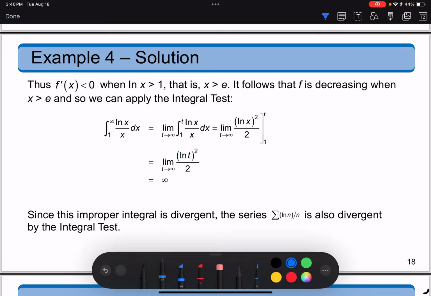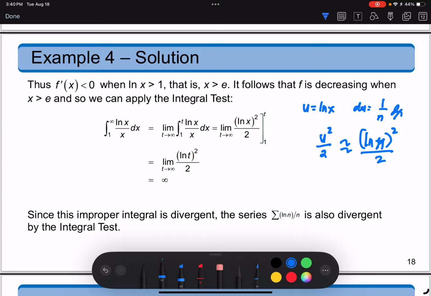So we have the integral of ln x over x dx from 1 to infinity. We set u to be ln x, and du is 1 over x dx. So we have u squared over 2, or ln x squared over 2.